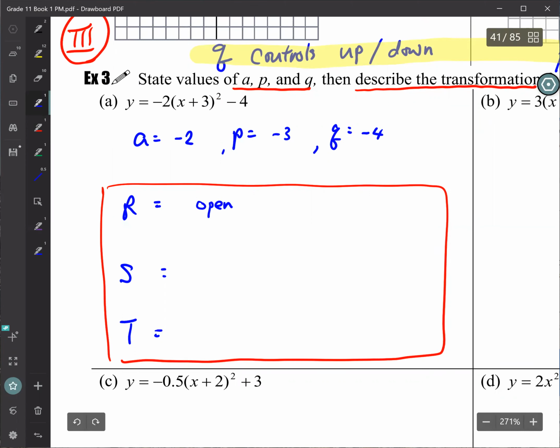A positive open up, A negative open down. Okay, for stretch, you just need to tell me whether it's vertical expand by what or vertical compress by what, okay? So what do you think? Let's have Harry. What is the stretching and shrinking here?